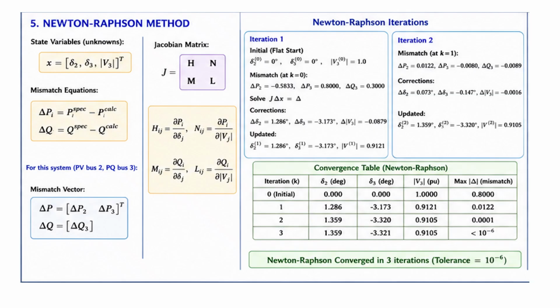So when we come to Newton-Raphson, the limitation of Gauss-Seidel is that it works only for a linear system, where the relation between input and output is linear. But when you see the power system, especially the relation between voltage, voltage angle and the power is not linear.